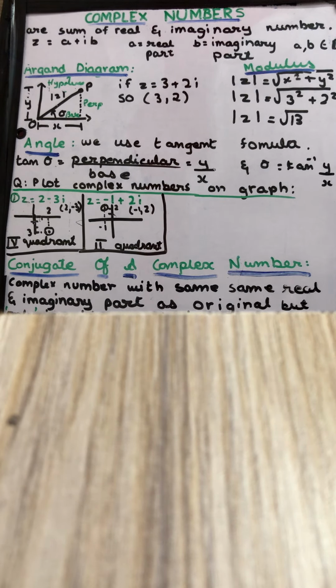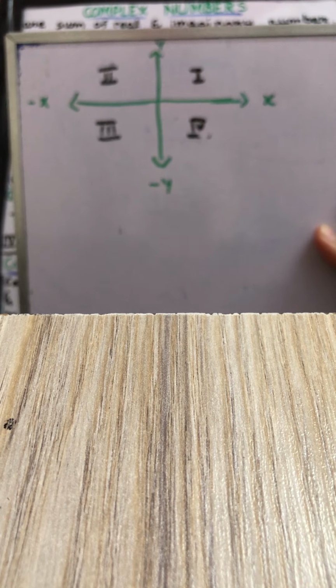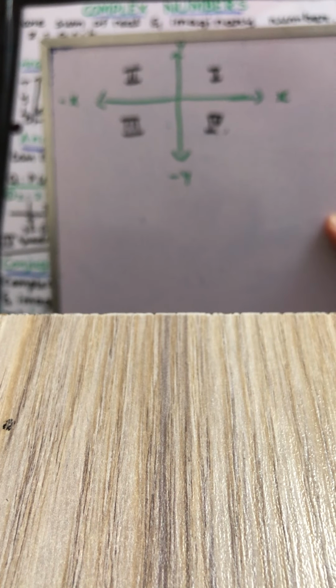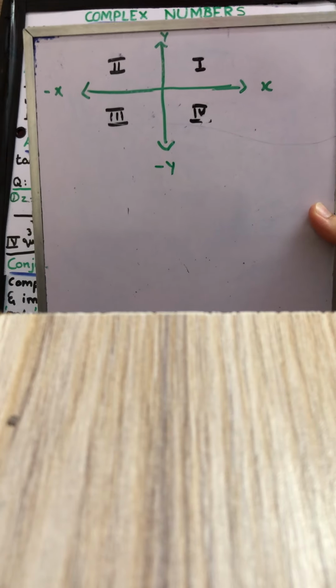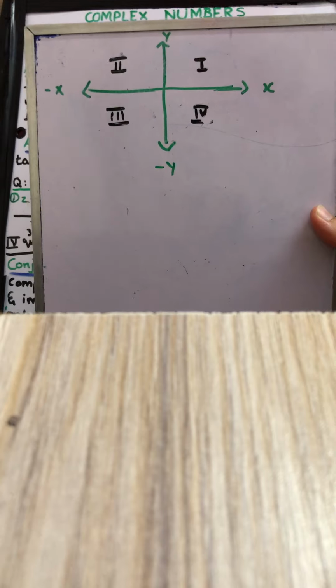So it's very easy to plot. First of all, I'll show you how the quadrants are actually divided. So you may have a look. It's a bit blurry, one second. It's fine right now. Okay, so it's divided into 4 quadrants, as you can see.